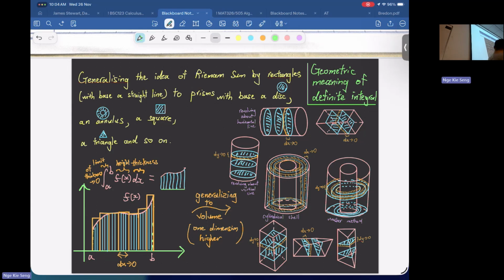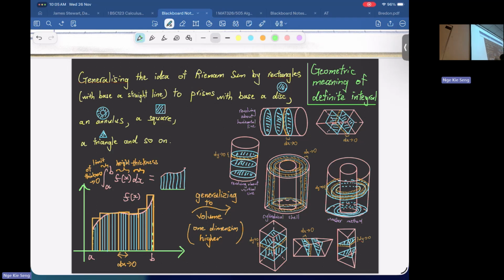So we generalize this idea to finding volume. Instead of a line, we look at something like a circle, or a square, or an annulus. Do you know what an annulus is? This is an annulus. There's a hole in the middle. Or a triangle. Then we slice our space into circles, cylinders, or annuli, and we also use some kind of thickness.